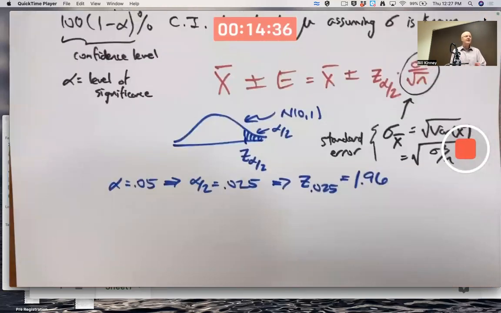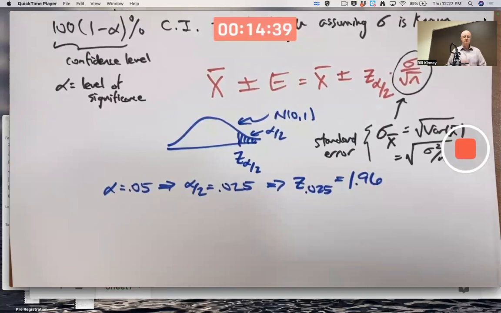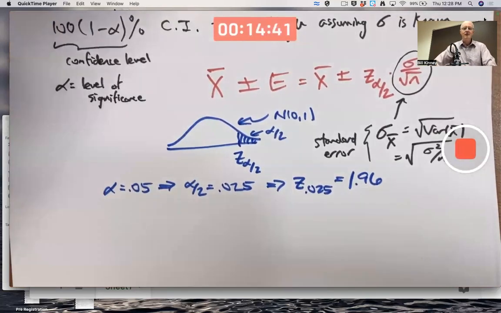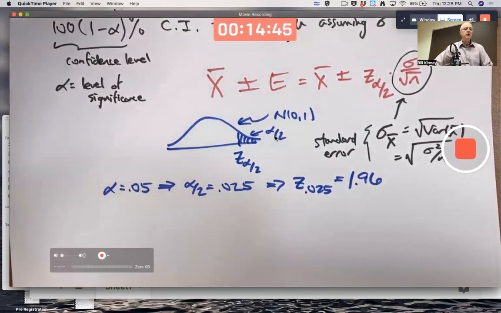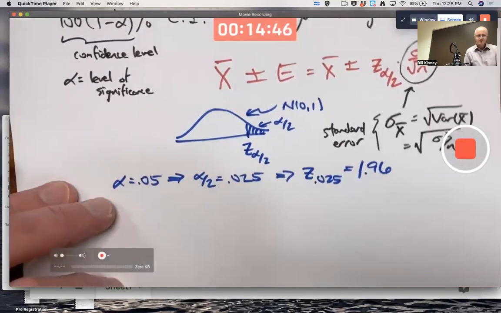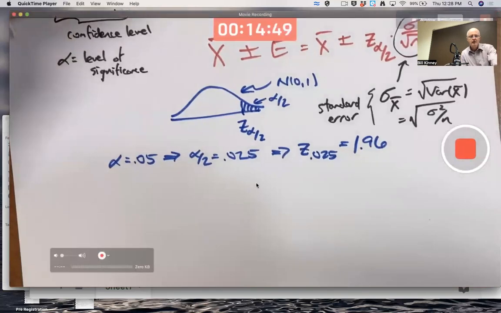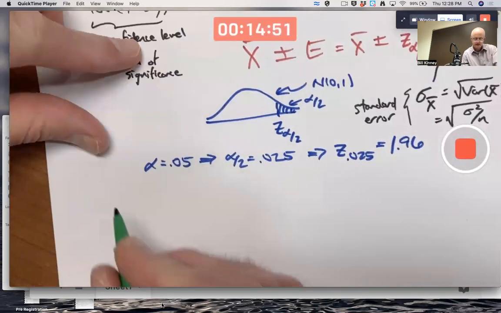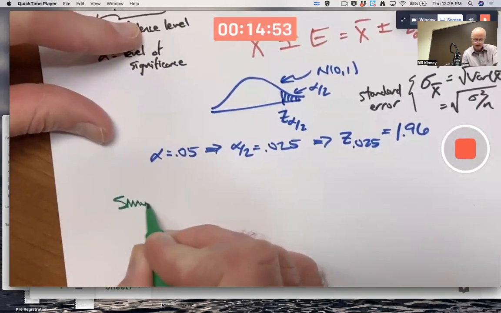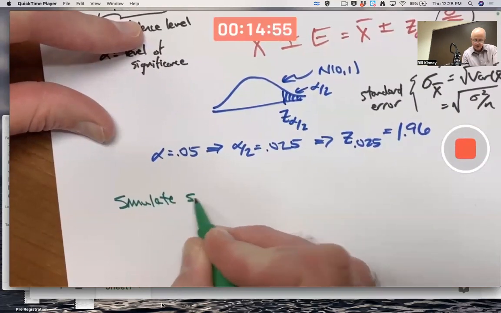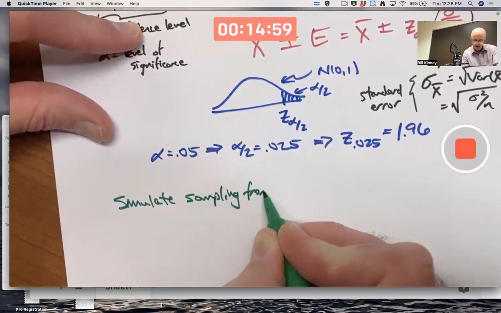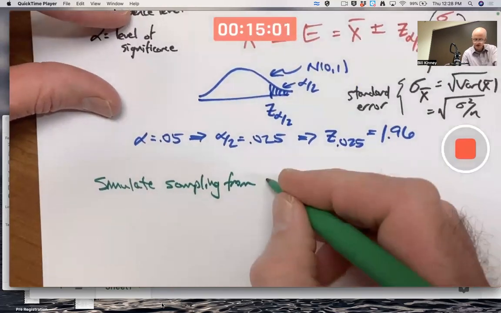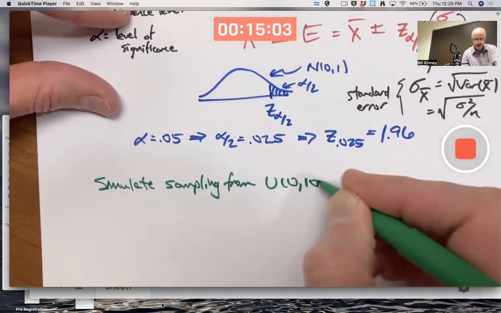Let's try to understand this via simulation now. Let's say we're simulating sampling from a uniform distribution on the interval from 0 to 10, like we did before.